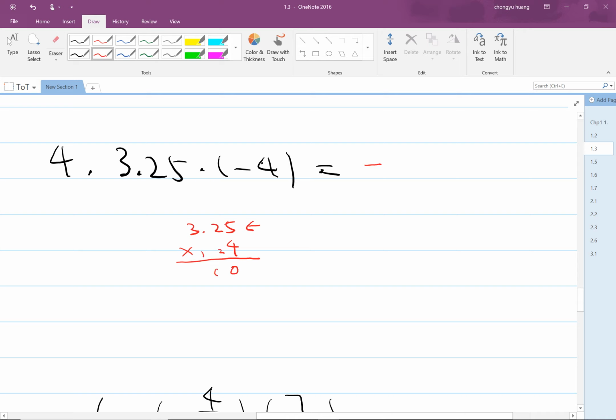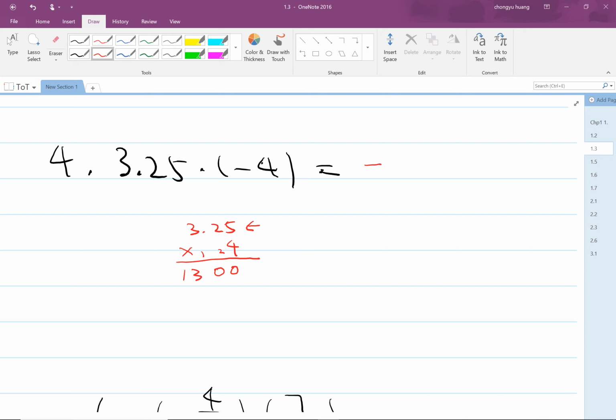After that, 3 multiplied by 4 is 12, and 12 plus 1 is 13. This is how you get the right result without using a calculator.